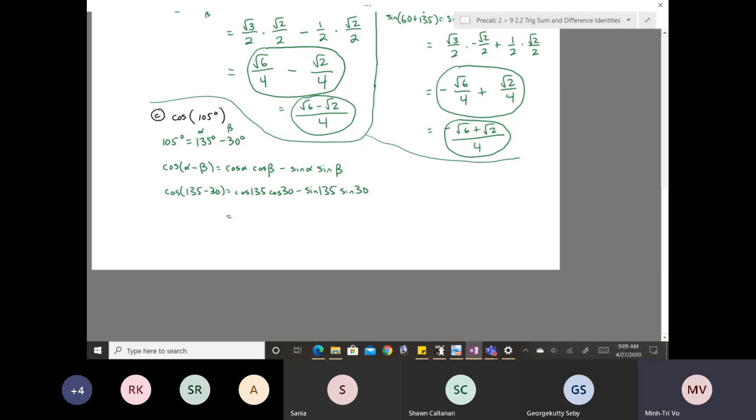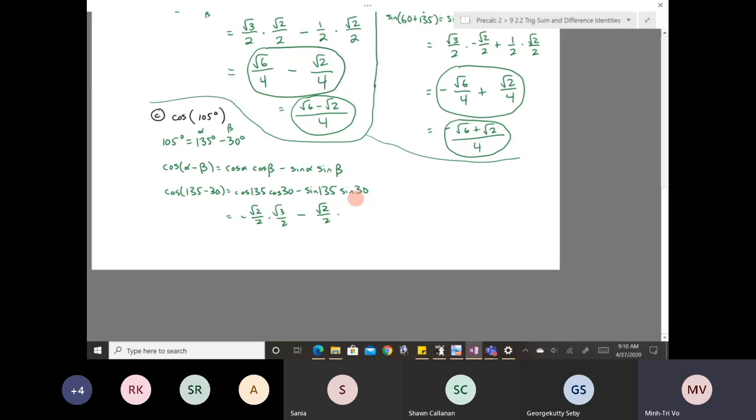And okay, I'm just going to calculate them real quick. Cosine 135 should be negative square root of 2 over 2. Cosine 30 is square root of 3 over 2. Sine 135 is positive square root of 2 over 2.